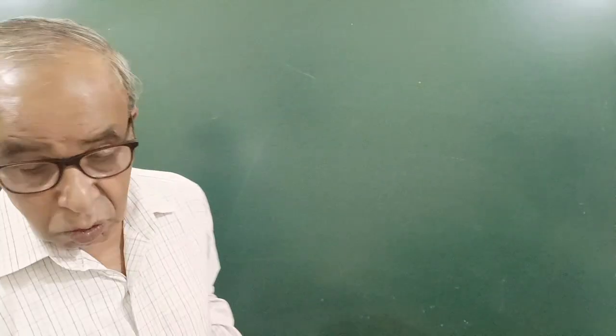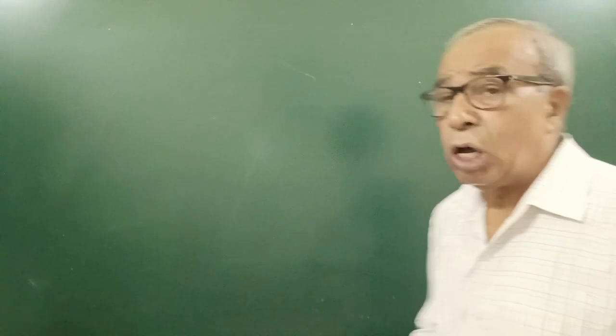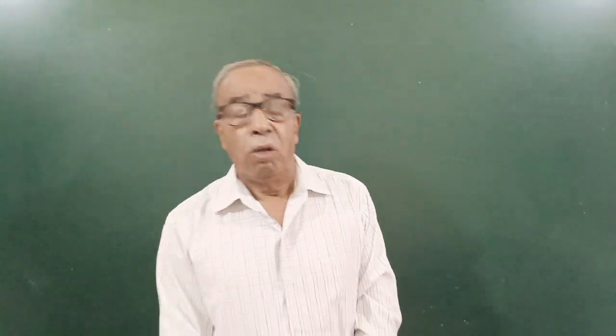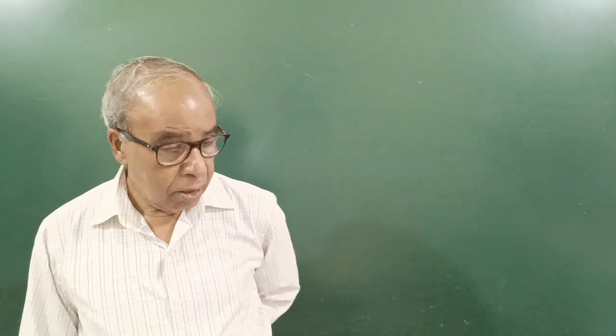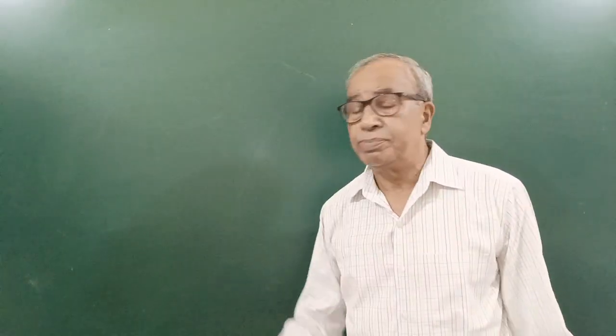Now, another important thing here is the accommodation power of the eye. The ability of the eye lens to adjust its focal length according to the subject is called the accommodation power of the eye. Now, the moon and the sun are very big, but they appear small.